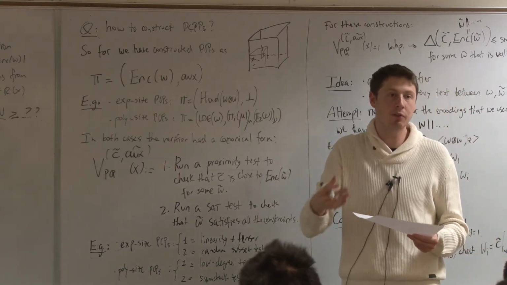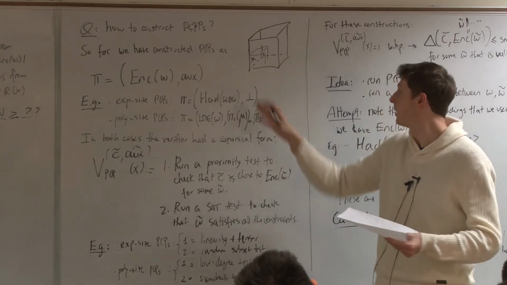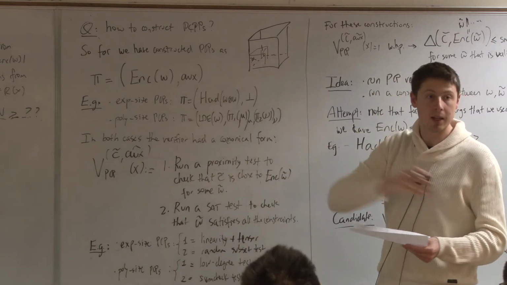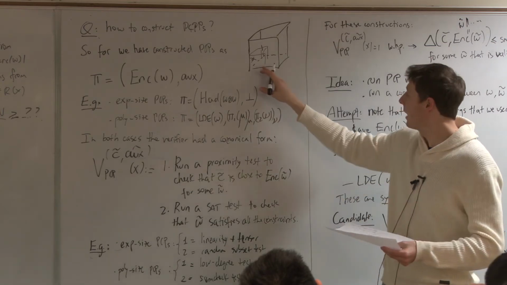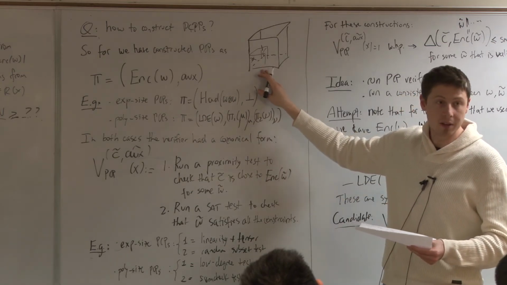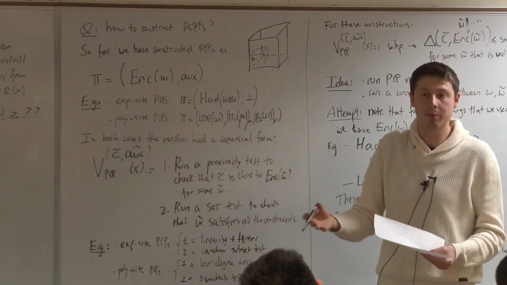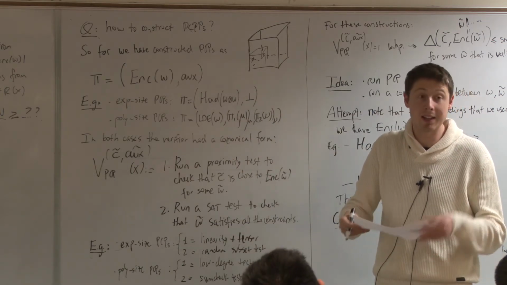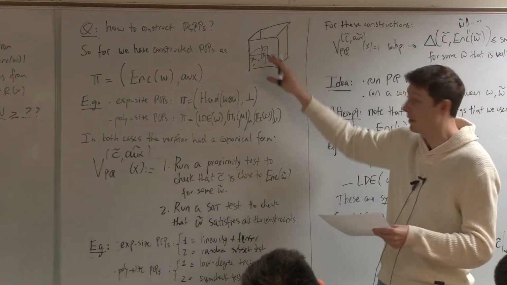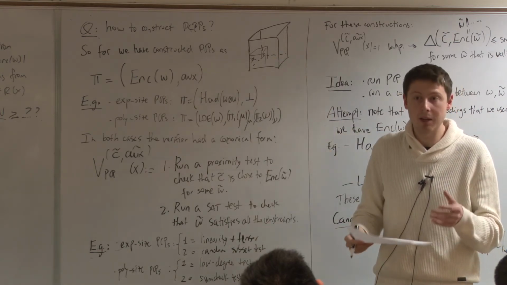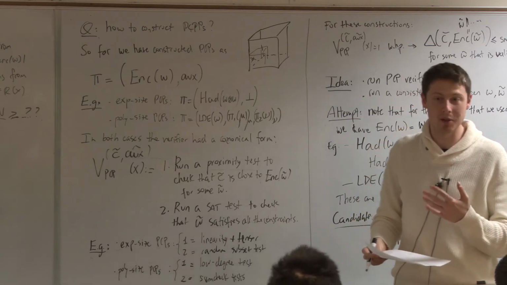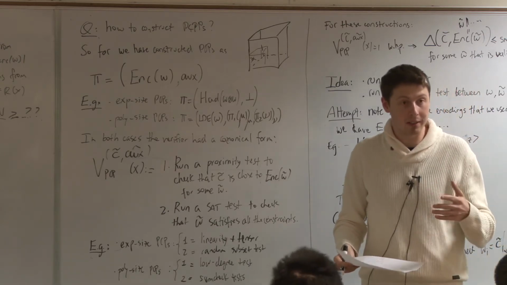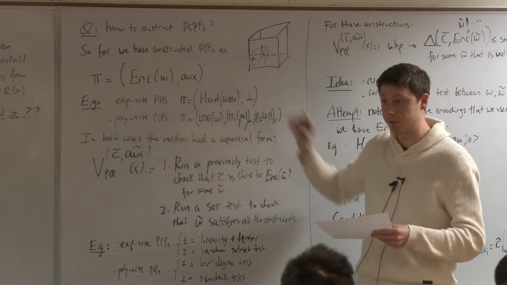A very straightforward way to do it is I pick a random line through the point. I read everything on that line, okay? And because I am close to begin with, this line cannot on average have many errors, and it has a low degree, right? Because if the entire thing has degree D, a random line will have degree D. So provided that I don't have too many errors, when I correct this line, I will get the correct answer here, okay?